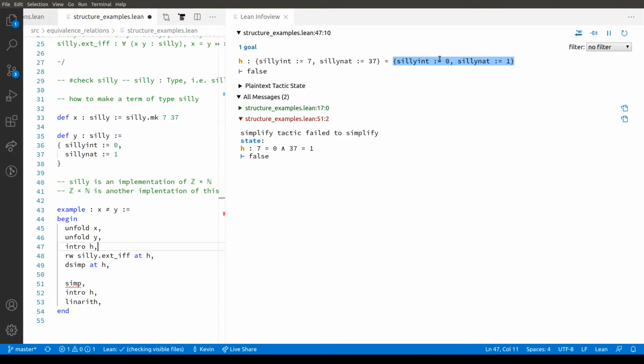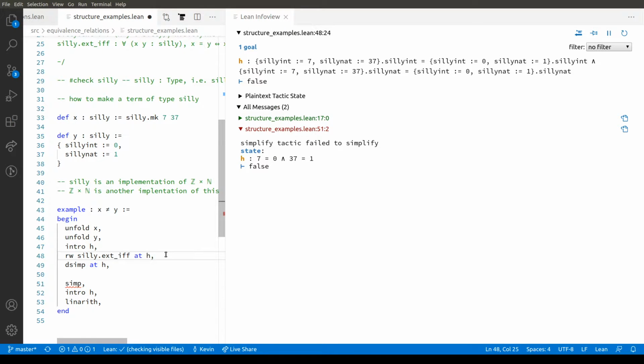And if x equals y, then they should be made of the same parts. So if I use this extensionality lemma, then this should simplify to 7 equals 0 and 37 equals 1. But when I actually rewrite it, I get this mess here, because this says, let's make a silly thing out of an integer and a natural, and then let's look at what the integer part is.